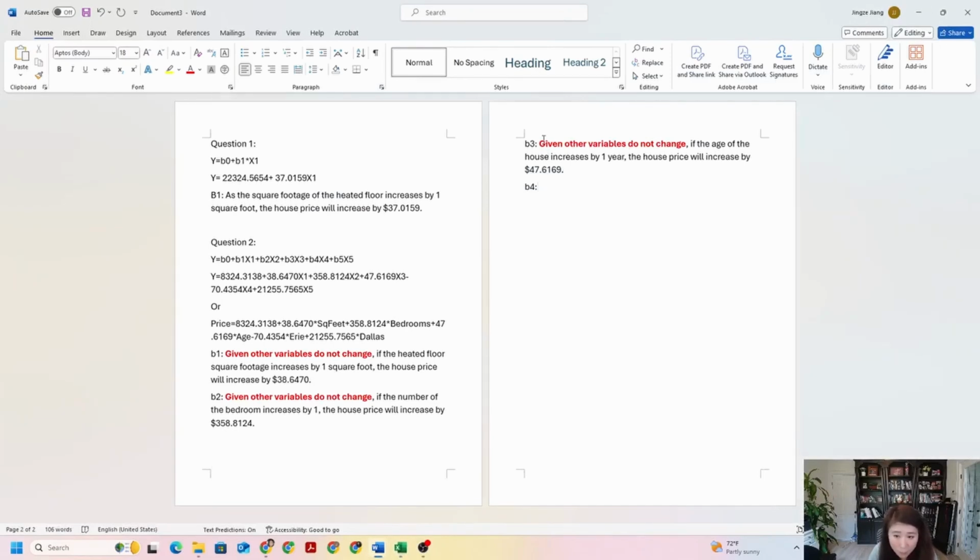Okay? First of all, don't forget this statement. This statement always exists when you are interpreting your multiple linear regression model's partial coefficient: given other variables do not change. Now we are comparing with my base level, comparing with the house in Pullman.